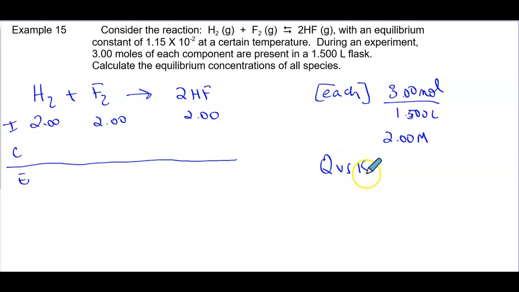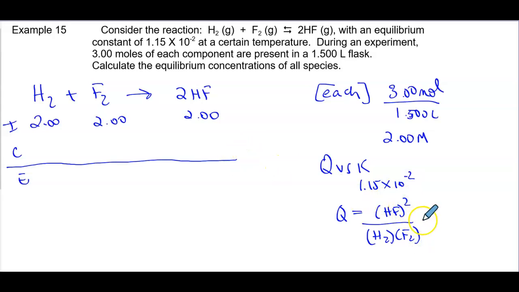All right, that means we have to be given K. We are given K to be 1.15 times 10 to the negative second. To get Q, I set it up just like I would a K, meaning that I would have HF squared over H2 times F2 based on my balanced equation.